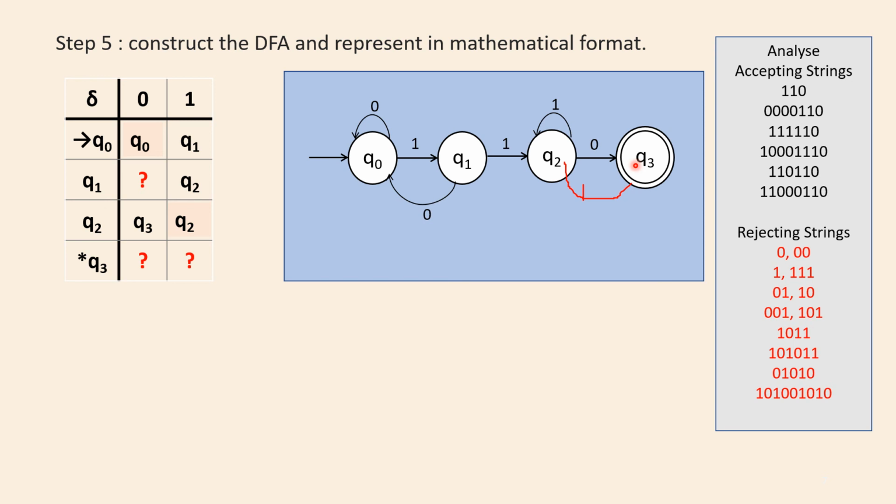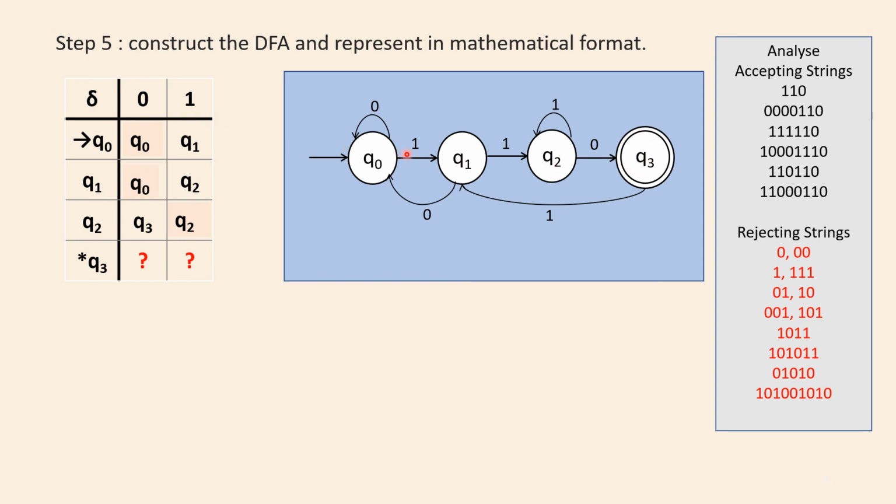A string ending with 010 is supposed to be rejected. What happens here? The string is getting accepted. If I have 111010, it should get rejected, but if I give 1 here, it is getting accepted. Therefore, I cannot give 1 here. Instead, I can give 1 from Q3 to Q1. So what happens? 110110 is getting accepted.